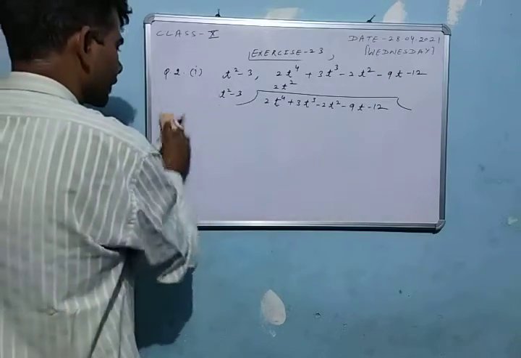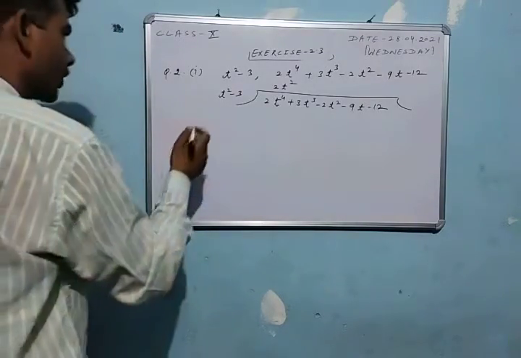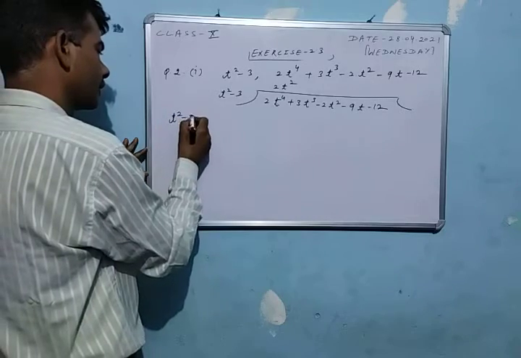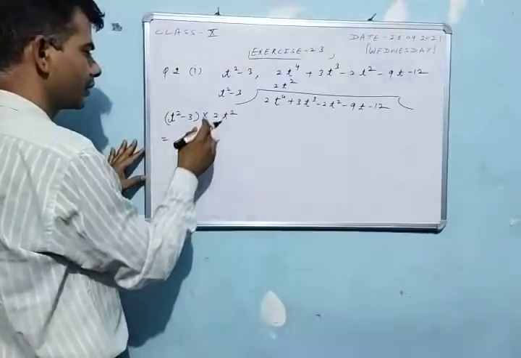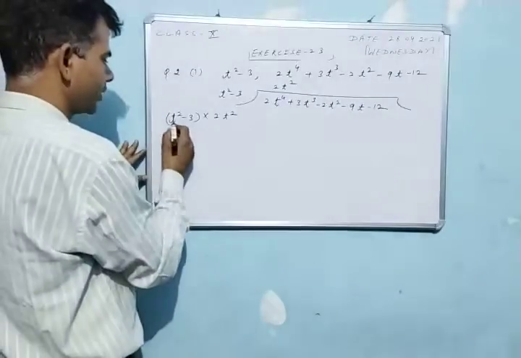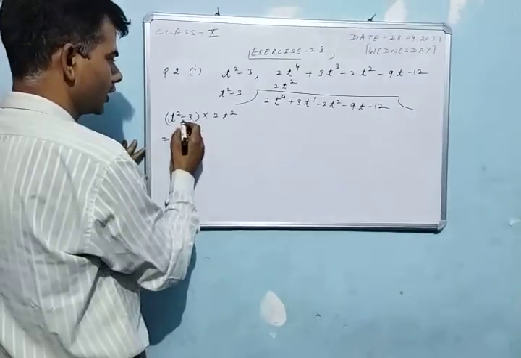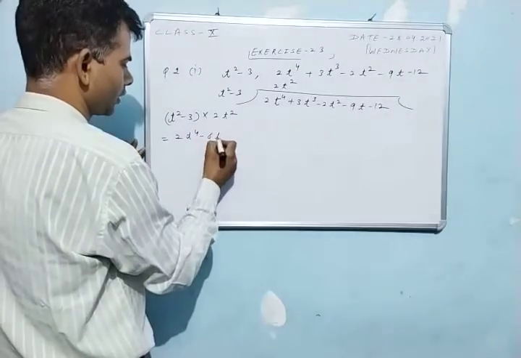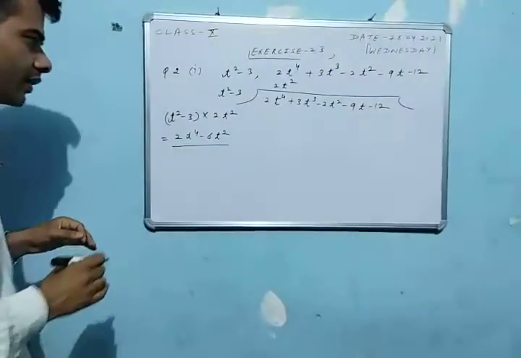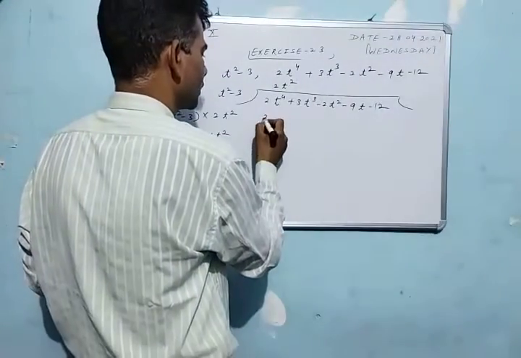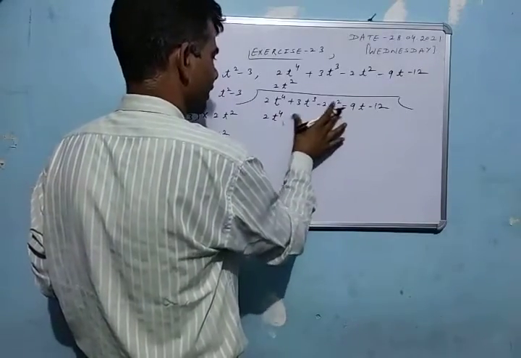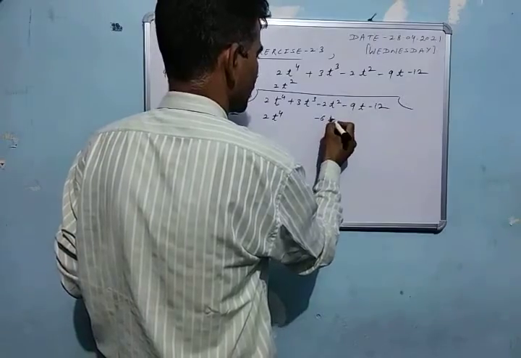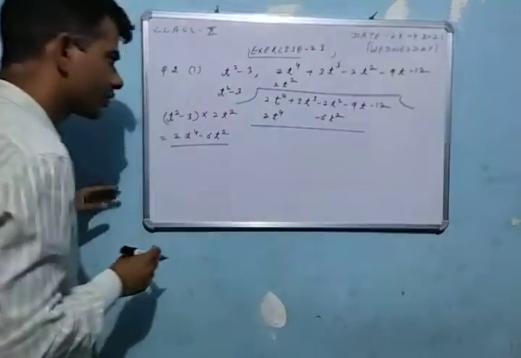2t square. Now student, t square minus 3 multiplied with 2t square. The result will be 2t square into t square, t raised to power 4 minus 6t square. 2t raised to power 4 minus 6t square, t square like terms, 6t square.